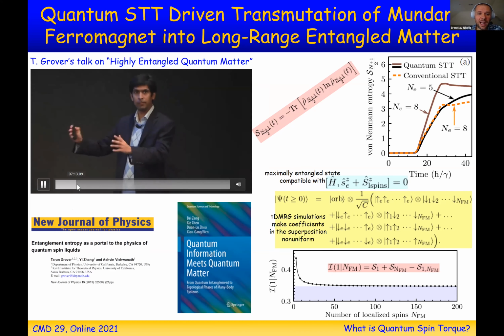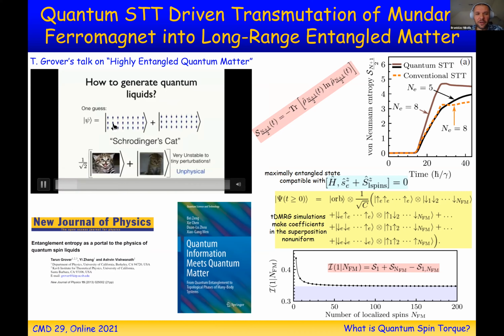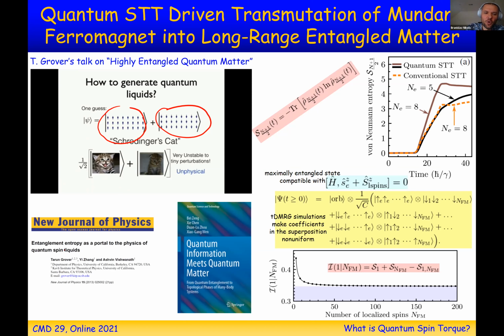And then he says, well, maybe with some effort of heroic proportion, we could start generating an entangled state of a ferromagnet. And he says this is enormously difficult to do because if you do just 2 states superimposed, this will be very fragile. And eventually he says, if you want to generate something magnetic, which is highly entangled in equilibrium, you must shift to quantum spin liquids, use quantum information theory to discuss them, which is so-called topological entropy and so on.